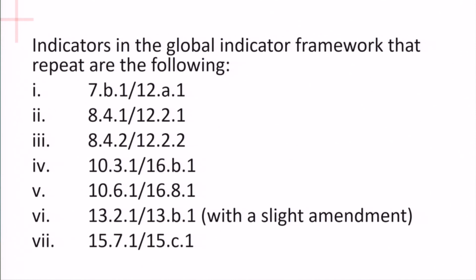For example, indicator 7.B.1 is similar to 12.A.1, because both are talking about energy resources, renewable energy resources, etc. So, the indicator is repeated in 2 SDGs: it is found in SDG 7, and similarly it is also found in SDG 12.